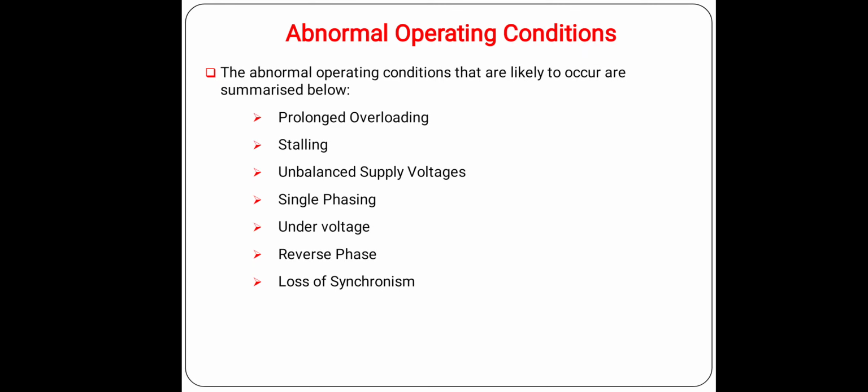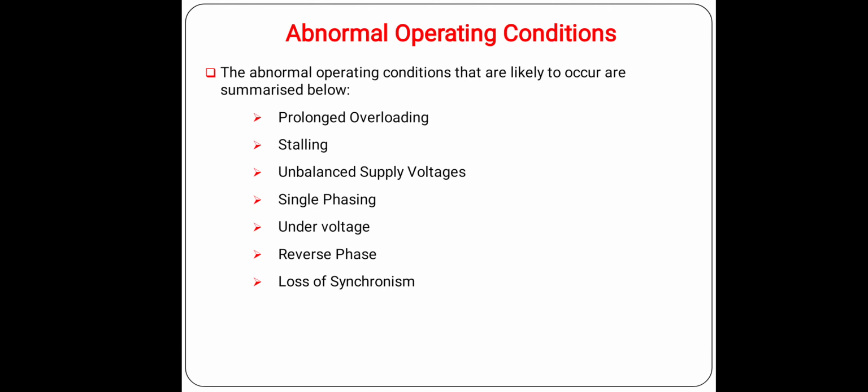As I mentioned earlier, this is caused when one of the supply lines gets disconnected, maybe due to any reason, such as blowing of a fuse or open circuit in one of the three supply connections. In such conditions, the motor continues to operate single phase provided that the load does not exceed 55 to 60% of the normal rating, with about the same temperature rise as when carrying rated load as a three-phase motor.